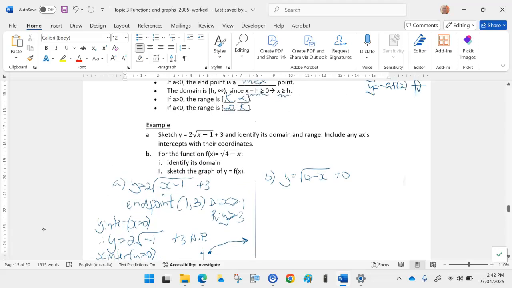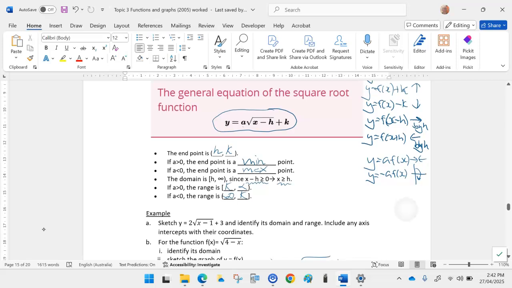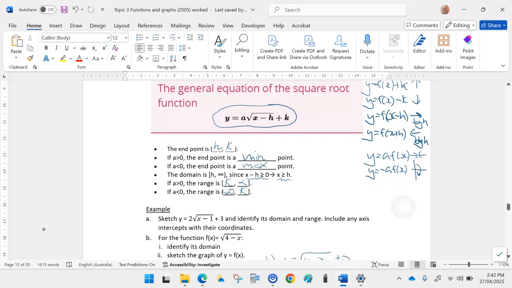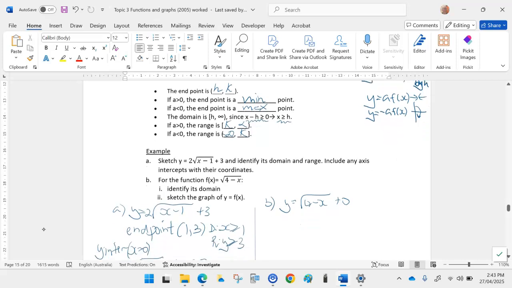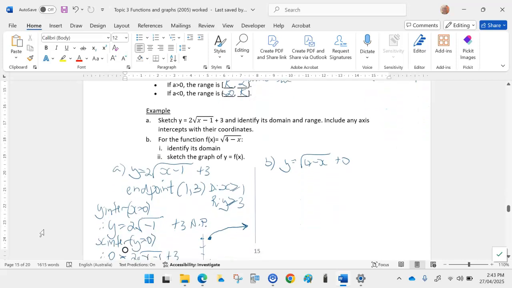Now, if I compare that to the shaded version at the top here, the general equation of the square root, I've got in the square root x minus h. This time I've got h minus x, the other way around. So I don't like this for a start. So I'm going to do a subtle little change and factorize this, take a negative out. If I take a negative out, 4 would become negative 4 and negative x would become plain old x.